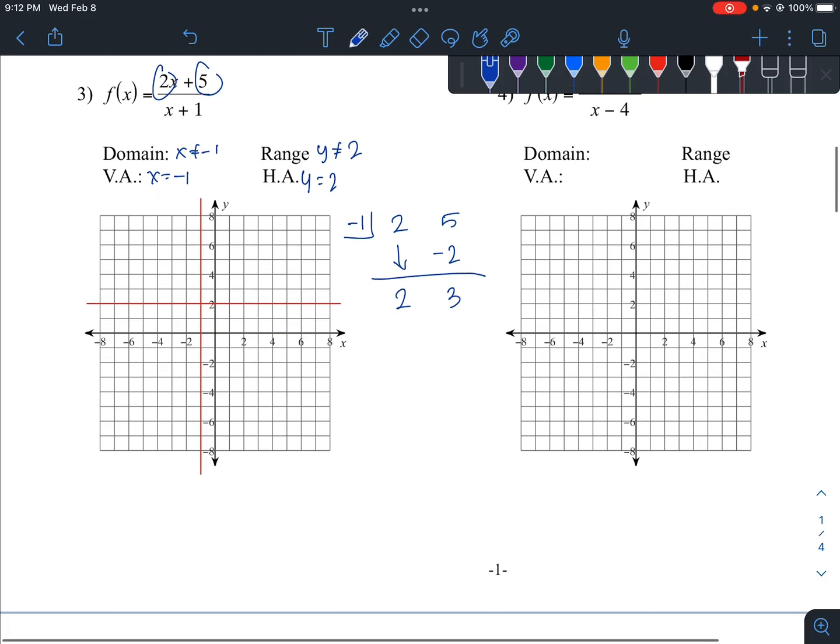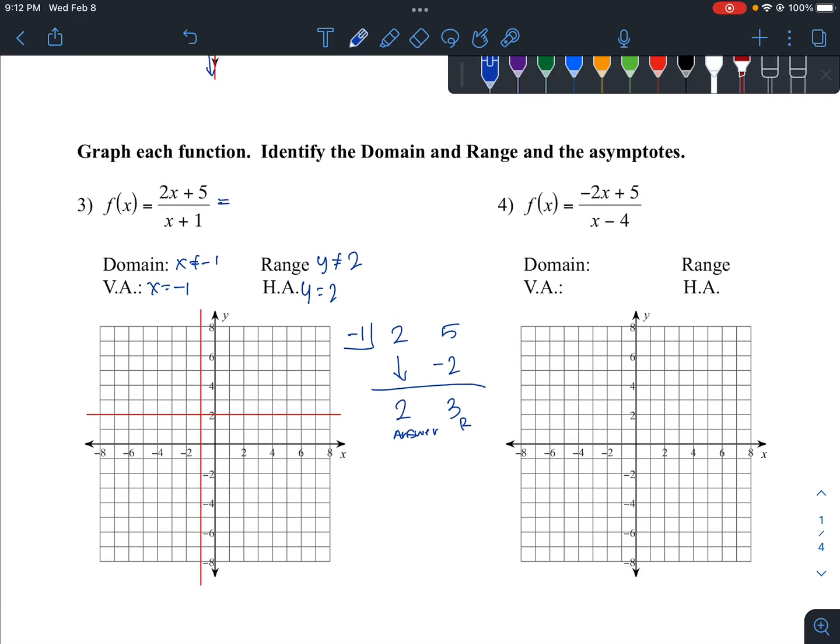This is my remainder, this is my answer. So essentially what we have just found is that this rational expression can be simplified to be 2 plus 3, which is my remainder, over x plus 1. So these are equivalent rational expressions, just written in two different ways.